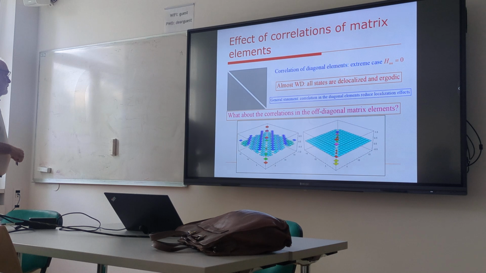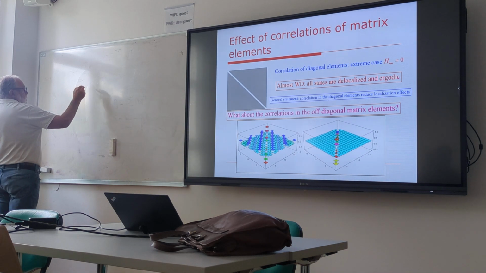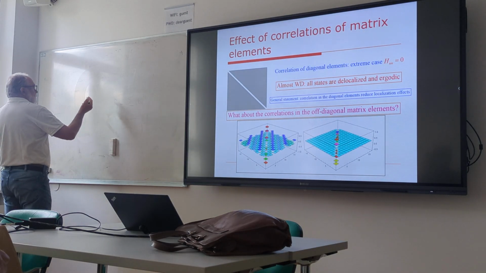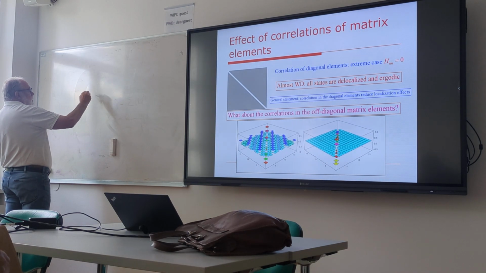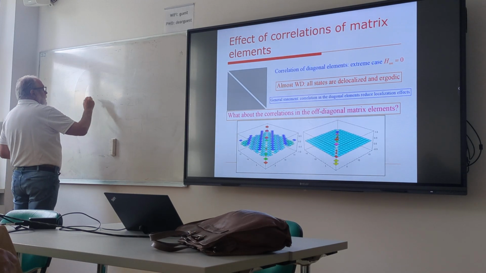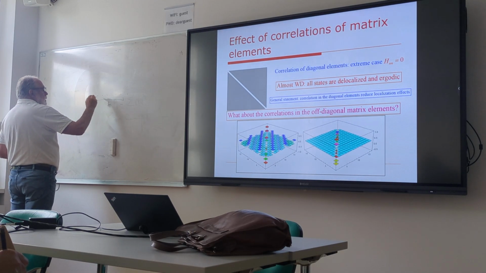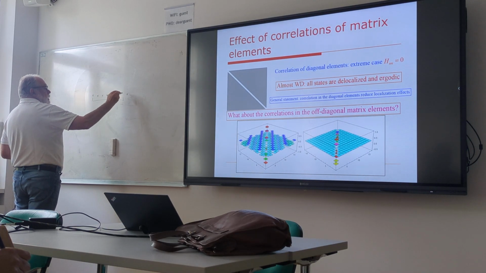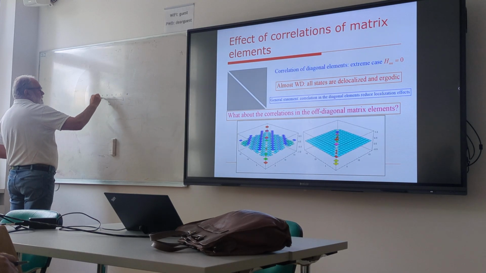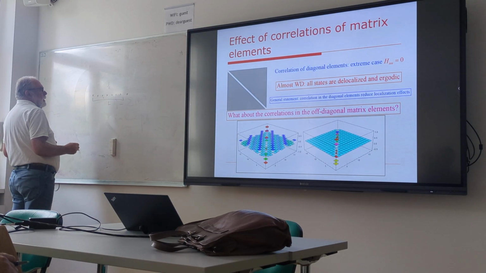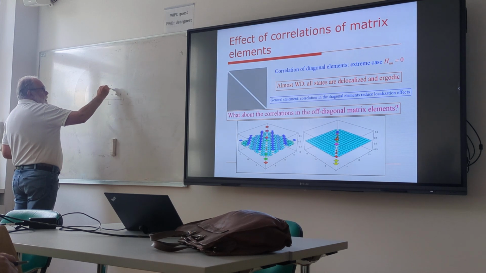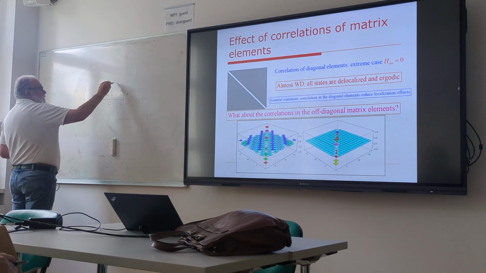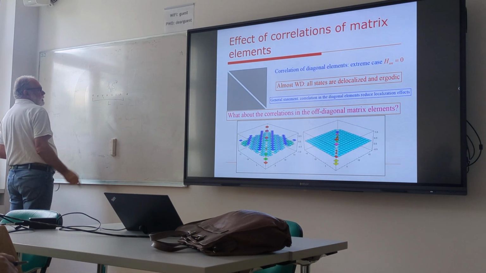And moreover, if we are talking about many-body localization, then we are usually talking about some Hamiltonian which is formulated in real space. So, for instance, if we have a spin Hamiltonian, we have a real space where there are L spins, and then there is a random field h_i acting on the spin at site i.